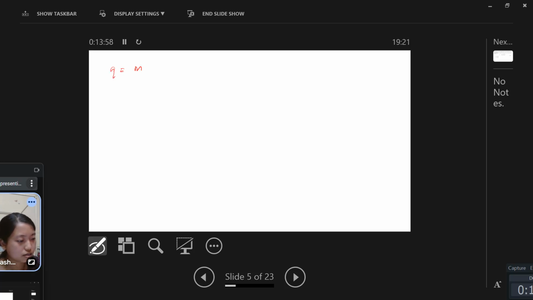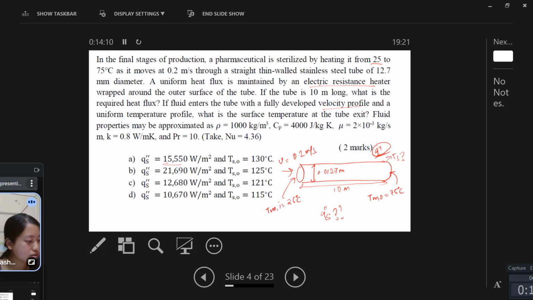This is not flux. Okay, m cp delta T gives the heat rate. So m was not given, right?